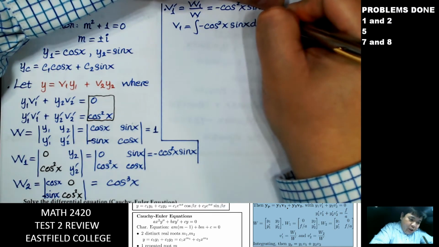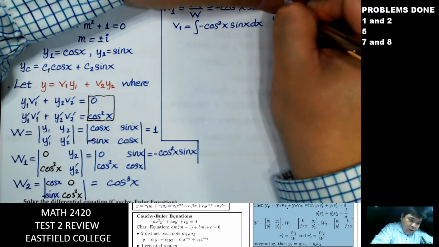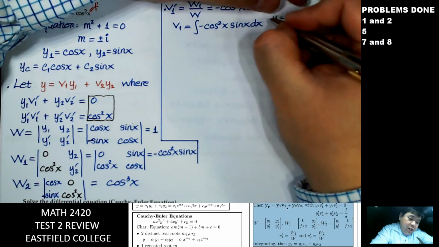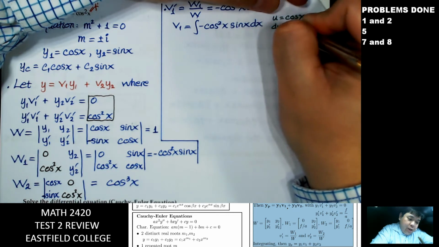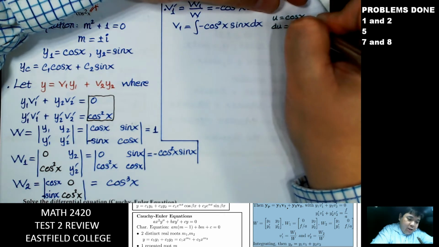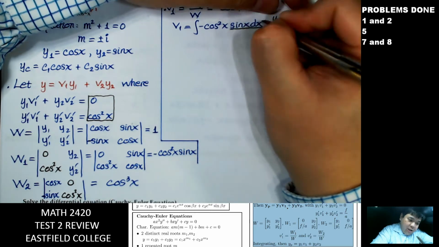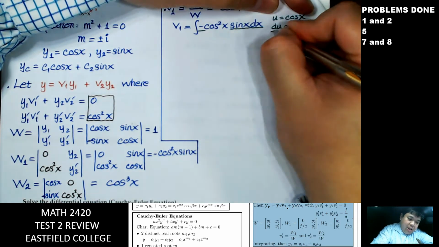If we let u equal to cosine x, then du is negative sine x dx. So pretty much we have this as du.